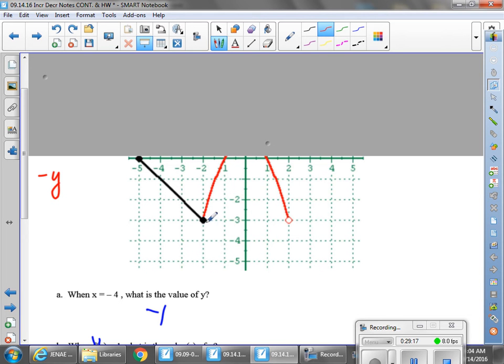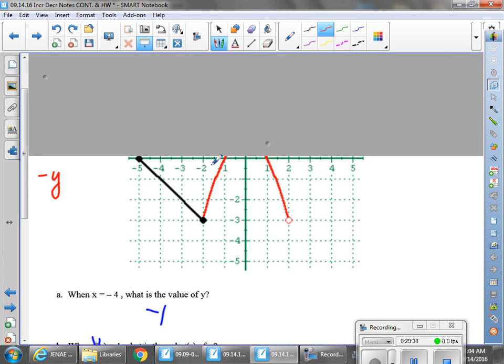Should I see this as one piece or two separate pieces? What do you think? It's just one piece. If I'm looking down and up, I'm more thinking the whole increasing, decreasing, right? But that's not what this is talking about. This is just saying where is the graph negative.